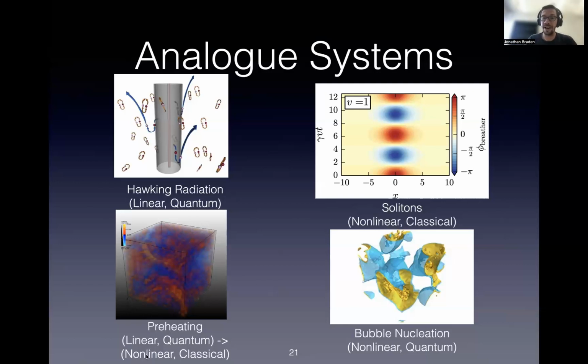So now we have nonlinearity and quantum mixed together somehow. And then the other one is bubble nucleation, so first order phase transitions, which is an intrinsically nonlinear and quantum mechanical problem, okay? And so in that case, all bets are off as to whether or not we know how to do QFT or not, okay?